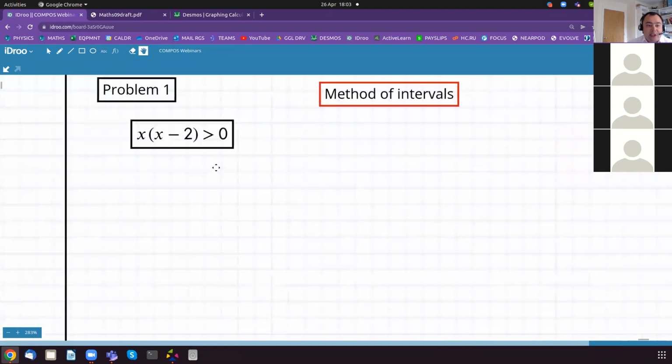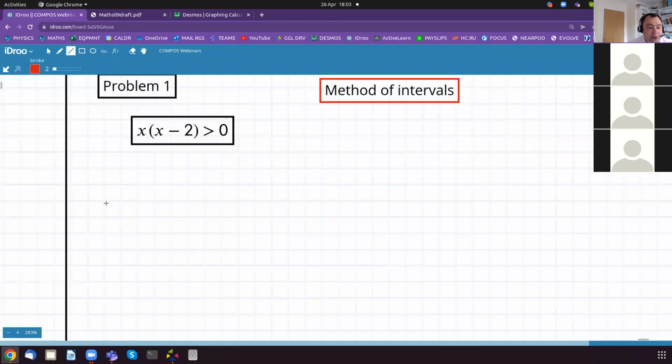If you sketch a very rough draft of this graph, you will see that this function has two zeros. This is 0 and 2. And between those zeros, the function is either positive or negative.